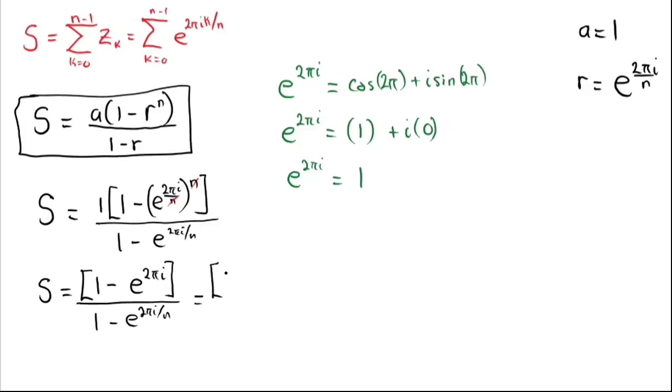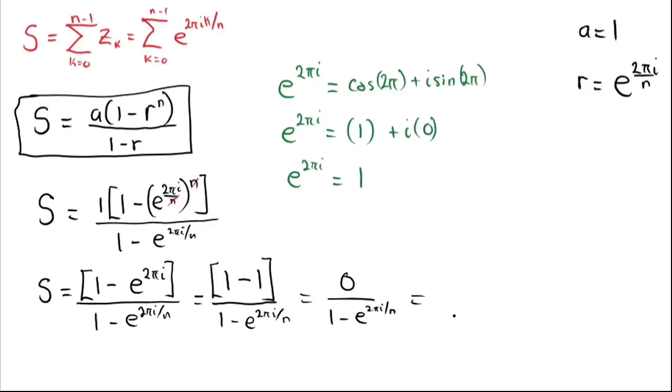So if that's the case, we can now go ahead and substitute and say this will be equal to, open bracket, we have 1 minus 1, because e to the power 2 pi i is just 1. And this, of course, is over 1 minus e to the power 2 pi i divided by n. Now, 1 minus 1 is 0. So that will be 0 divided by 1 minus e to the power 2 pi i over n.